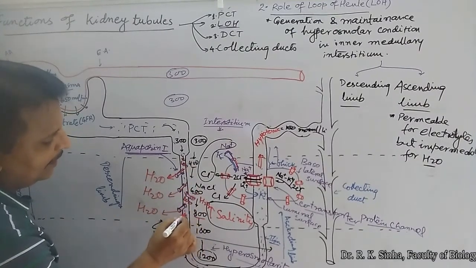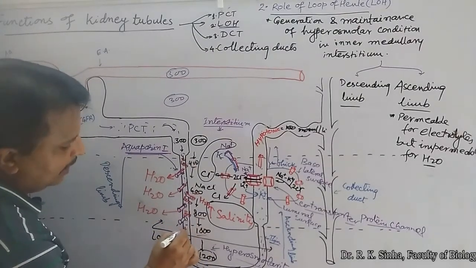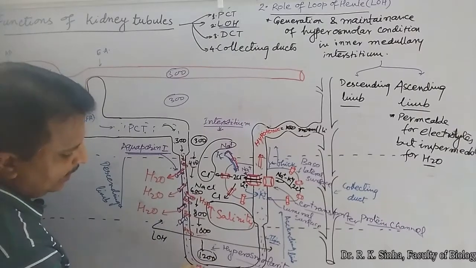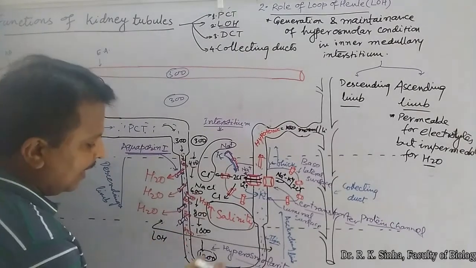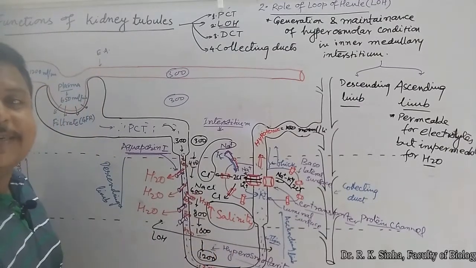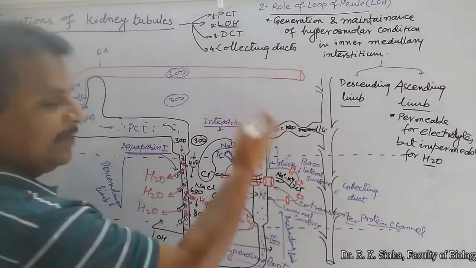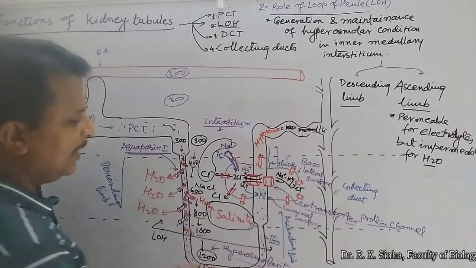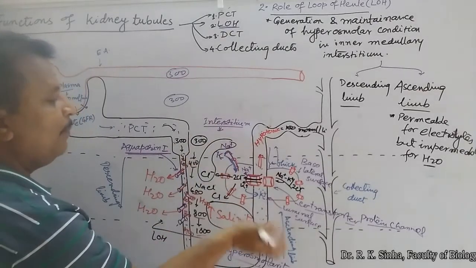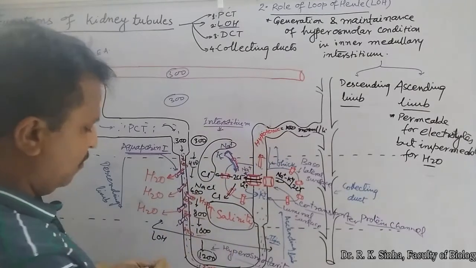If it is 800, it will also be 800. And if there is 1000, it will also be 1000. And in this region, it will turn into 1200. It means a large amount of solute, meaning salt, is passing out from this region, and that solute is actively thrown out in the thick segment of the loop of Henle.